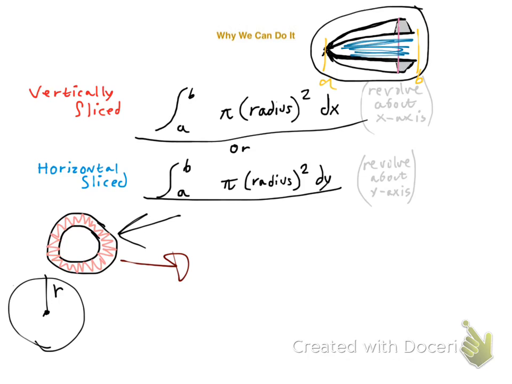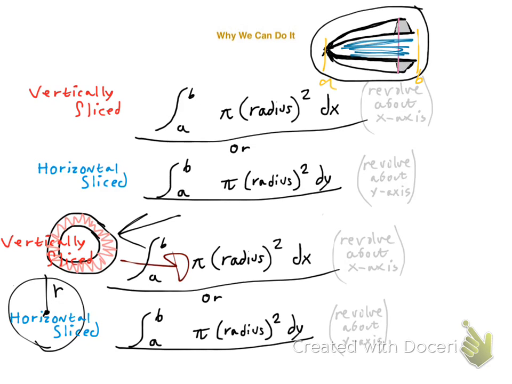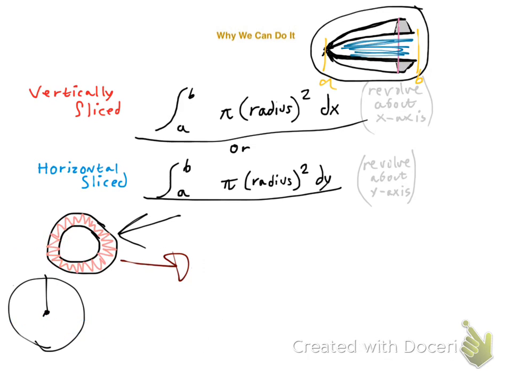Sorry, the tool doesn't like me. But in order to find my new radius, I'm going to take the big radius here, and then subtract the inner radius.